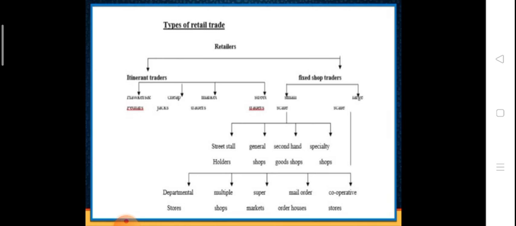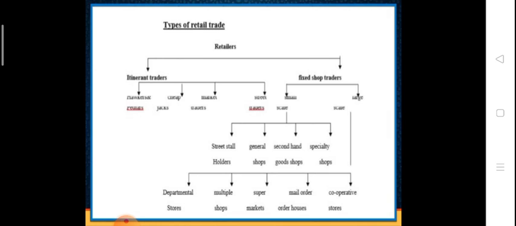And fixed shop traders are the persons who have a fixed place. Now fixed shop traders are also divided into two parts: small and large. Small traders are like street stalls, general stores, second hand goods stores, variety stores, specialty stores.